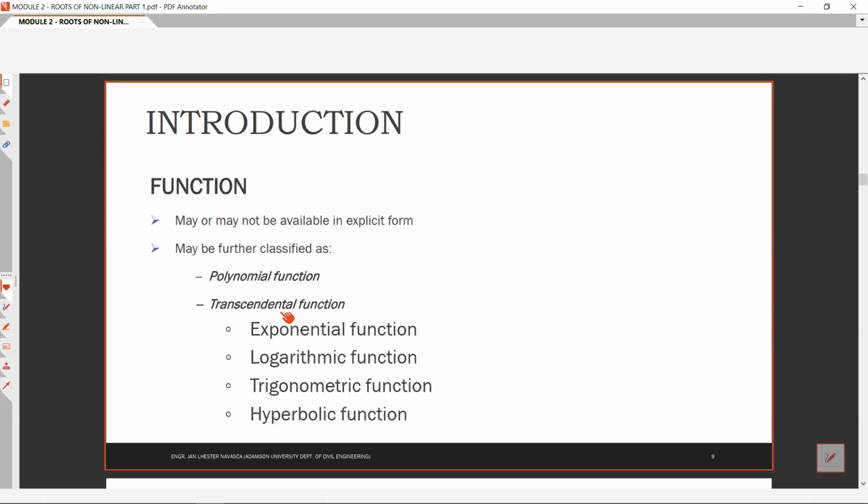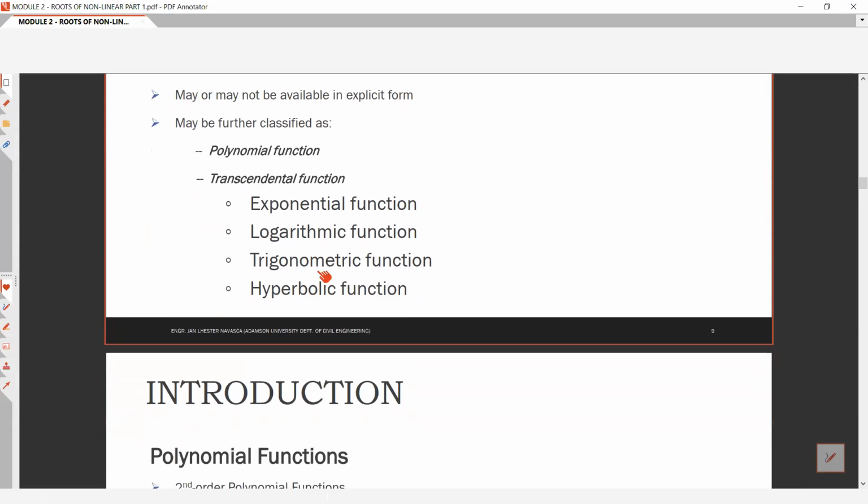For the transcendental functions, we have the exponential function, the logarithmic function, the trigonometric function, and the hyperbolic function. So recall your algebra and geometry, which have different functions.